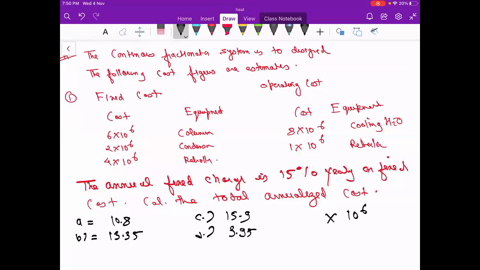Okay, Shubham, correct answer. Yeah, Saket, correct. Uddhav, correct.